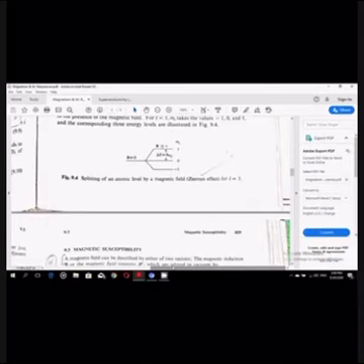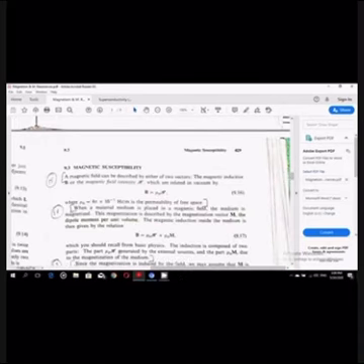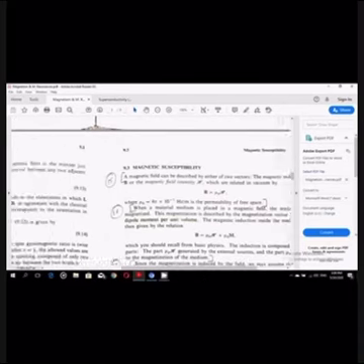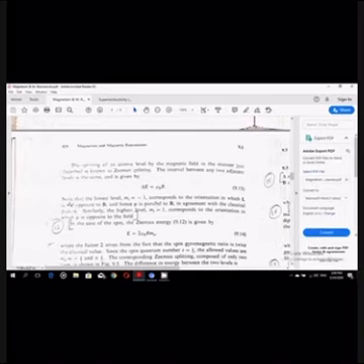For l equal to 1, the splitting of an atomic level by the magnetic field in the manner just described is known as Zeeman splitting.